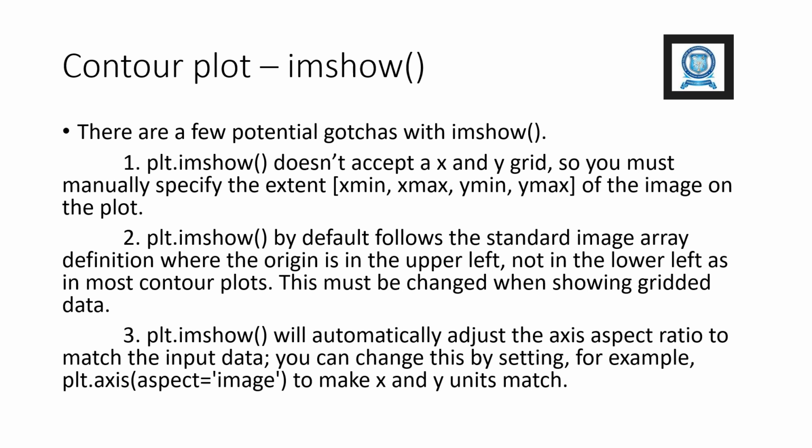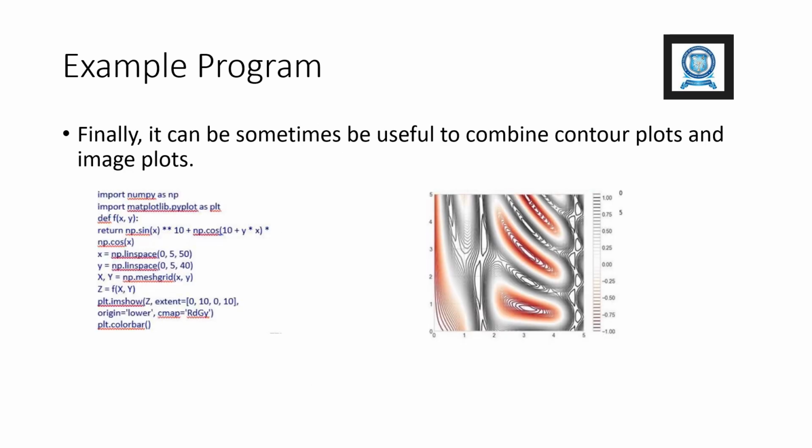plt.imshow will automatically adjust the axis aspect ratio to match the input data. You can change this by setting, for example, plt.axis(aspect='image') to make x and y units match. Finally, it can sometimes be useful to combine contour plots and image plots.